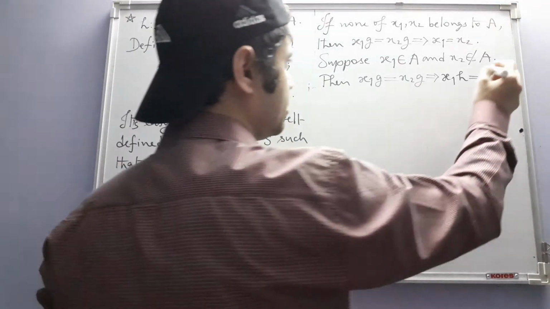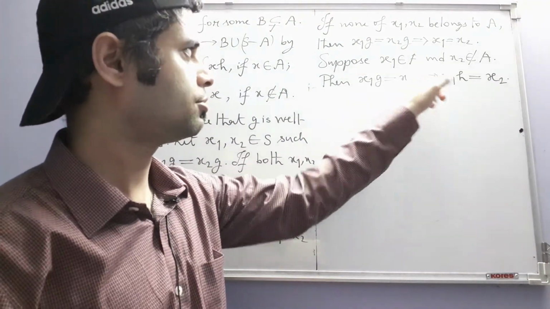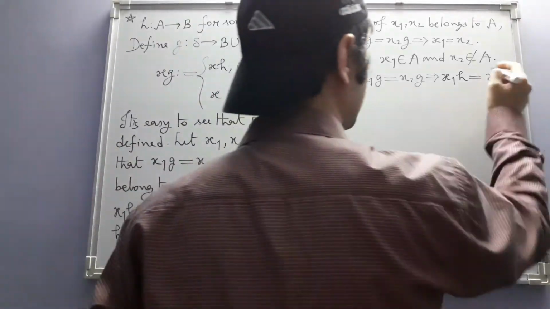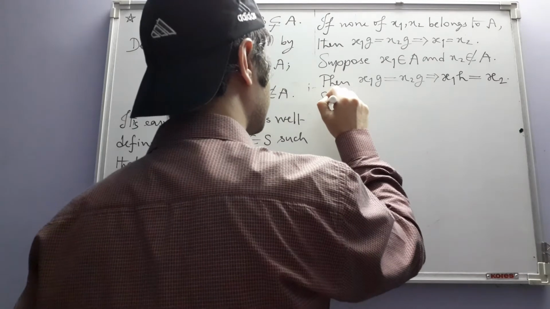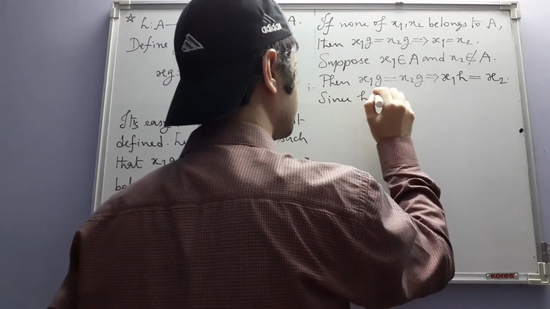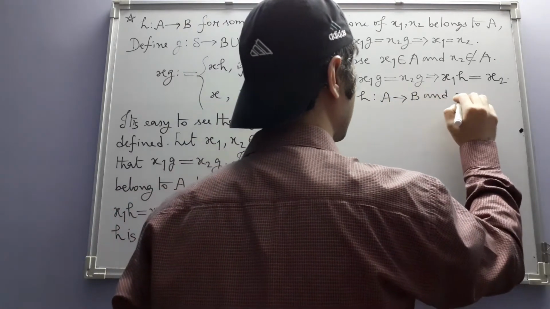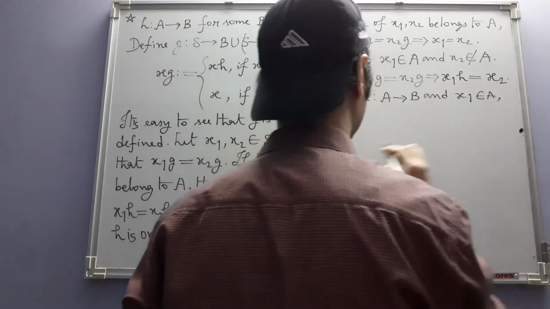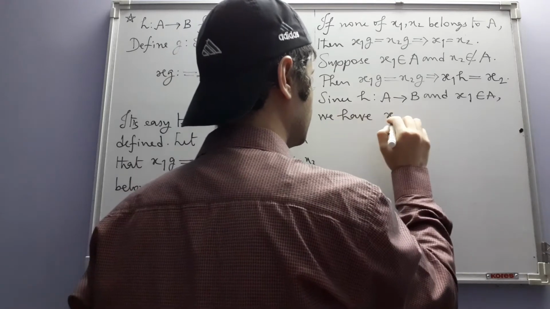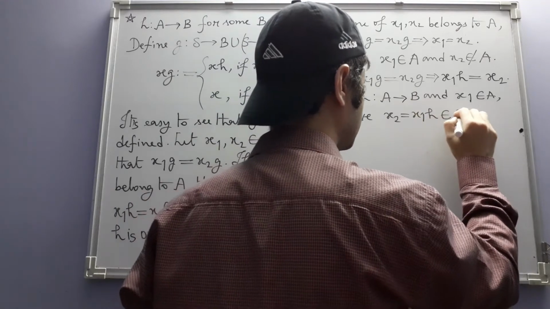So that means x2 belongs to B, because x1 belongs to A, so x1h will belong to B. So x2 belongs to B. Since H maps A into B and x1 belongs to A, we have x2 equal to x1h belonging to B.